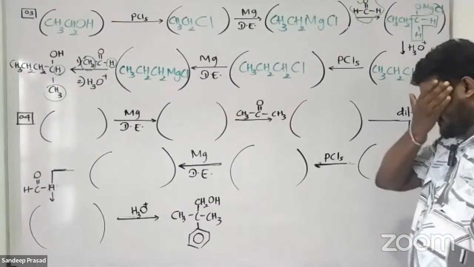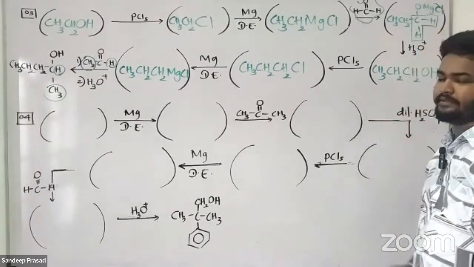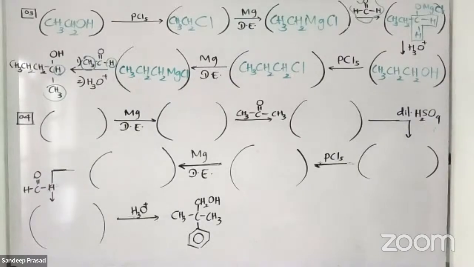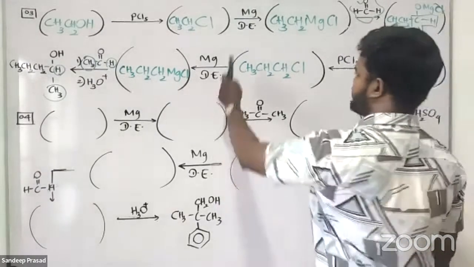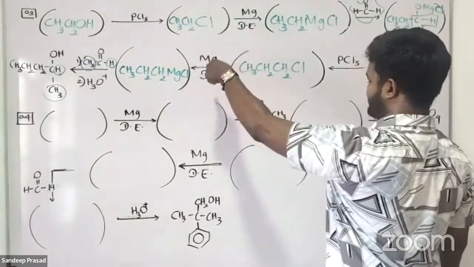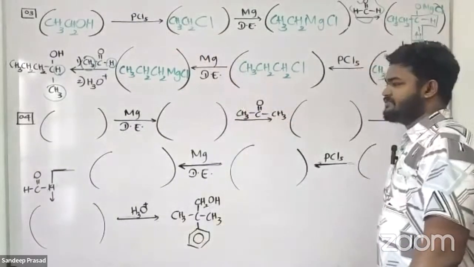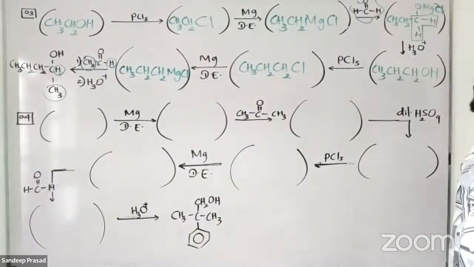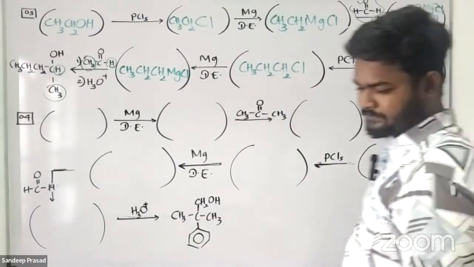That's why we discuss carbon increase in reactions separately. In addition to them, we have to learn these kinds of special conversion reactions, addition of magnesium and ether, addition of PCl5, likewise. These are special conversion reactions. So this is the third one.